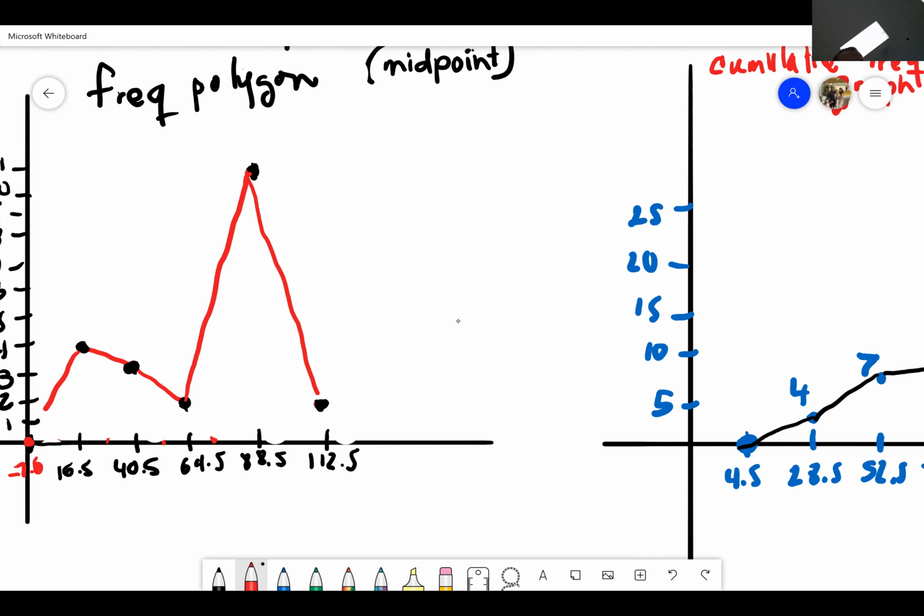So this closes down here. And for 112.5, I have to add 24 to that. I got 136.5. And now I've closed my shape. And that is a frequency polygon.